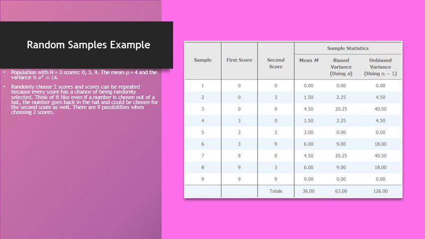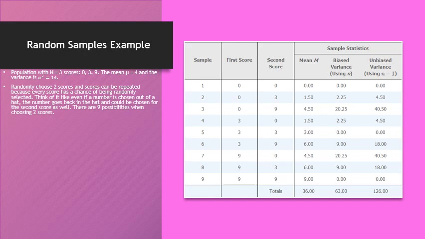Then they did this for 9 samples. For example, look at sample 4. They drew a 3 the first time and a 0 the second time. That gave a mean of 1.5, a biased variance of 2.25, and an unbiased variance of 4.5.